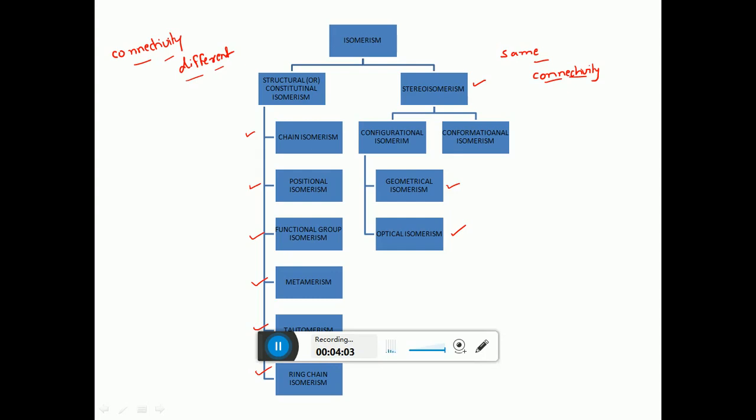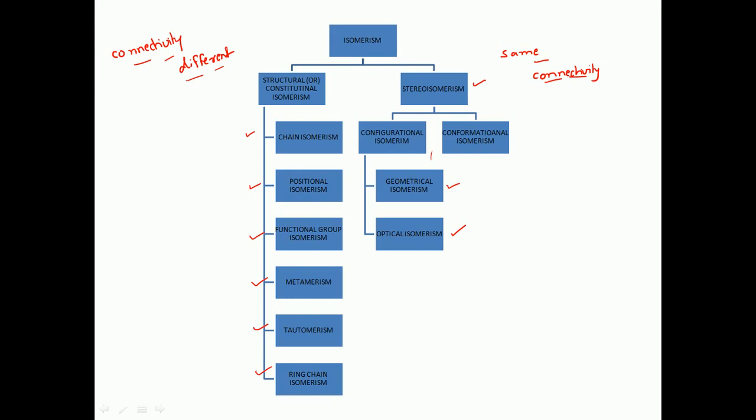First, the structural or constitutional isomers are further classified into different types: chain isomerism, positional isomerism, functional isomerism, metamerism, tautomerism, and ring chain isomerism. And stereoisomerism is further classified into two types. One is configurational isomerism, another is conformational isomerism.